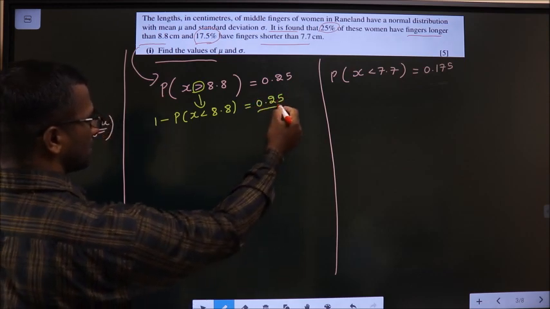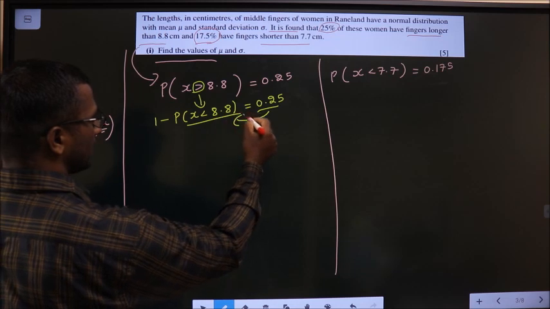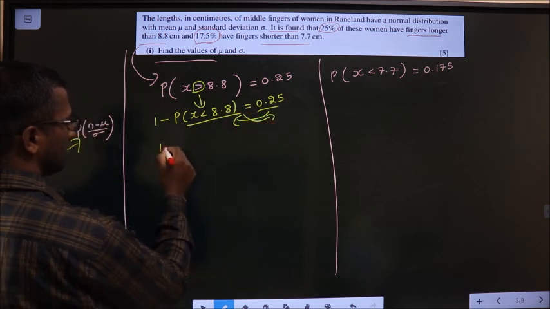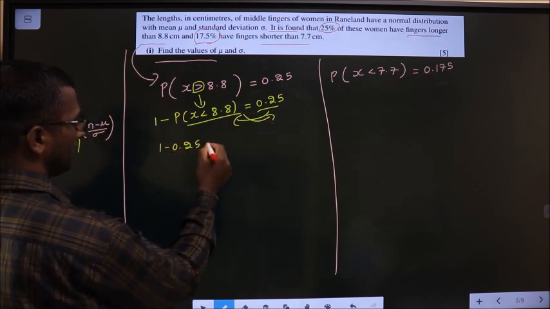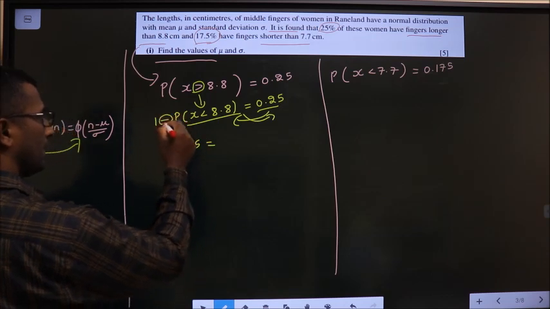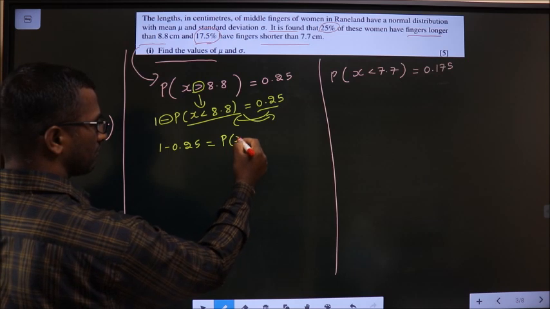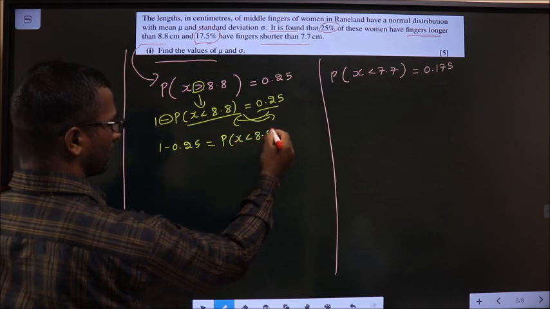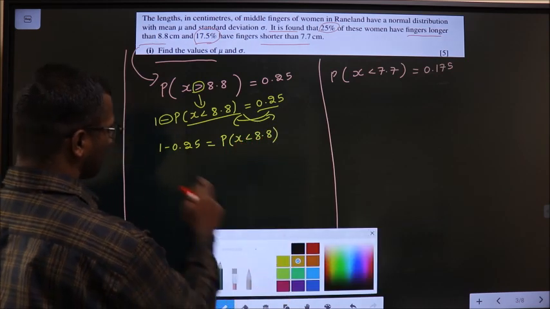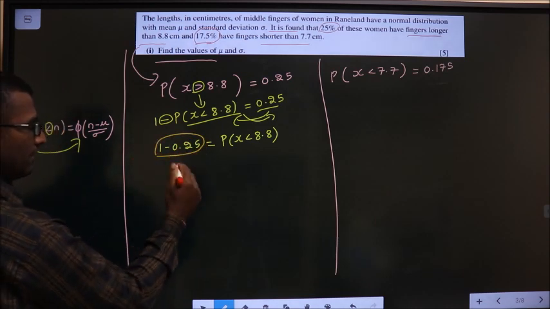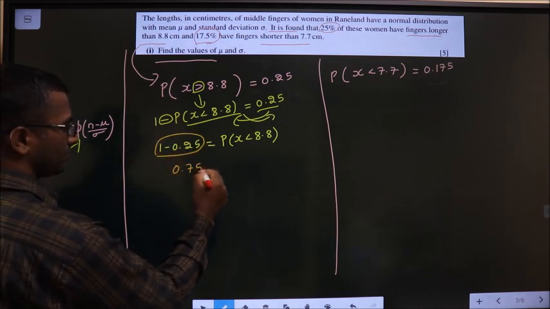Now all the numbers on one side and this to the other side. So I get 1 minus 0.25 equal to. Here it is negative. When I shift to the other side, it will become positive. Now, 1 minus 0.25 is 0.75.